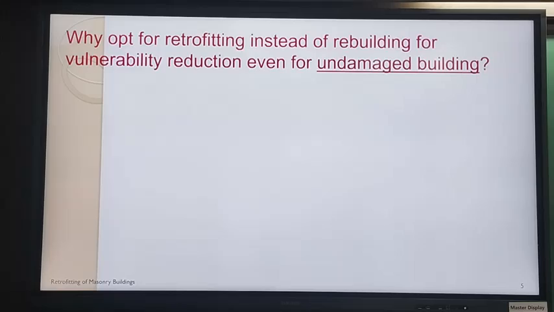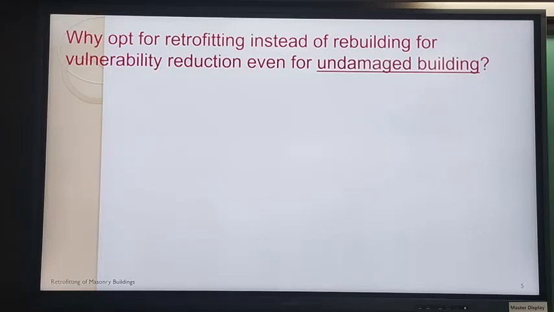All right. Now, why opt for retrofitting instead of rebuilding? For vulnerability reduction, even for an undamaged building. All right. Typically, after the disaster, there is a lot of talk of restoring the damaged buildings. But in reality, rather than waiting for a disaster to happen, one can do what you call pre-disaster earthquake disaster risk reduction.